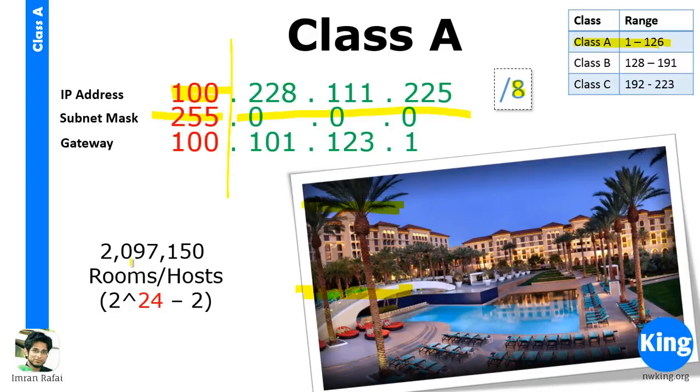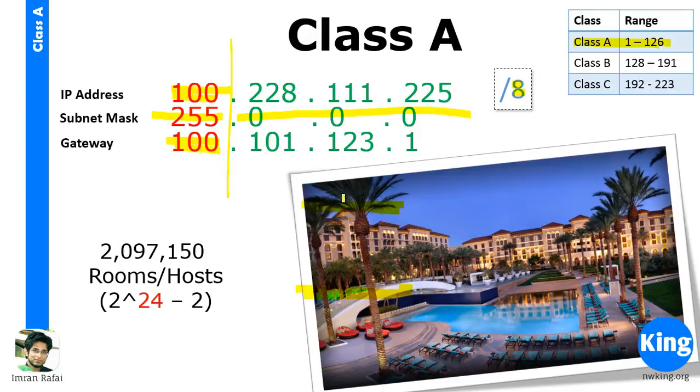Similarly, controlling a network with that many devices or hosts is very inefficient, and that is exactly why we will use subnetting, like you will see in the next video. Again, the gateway will be anything with 100, and only if it is part of the same network can it communicate with the gateway.